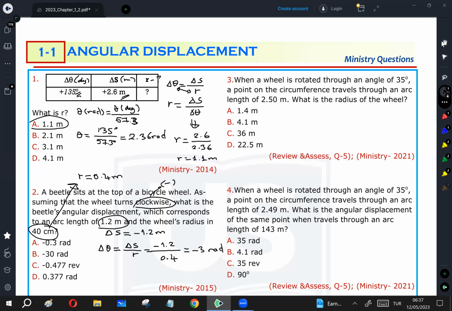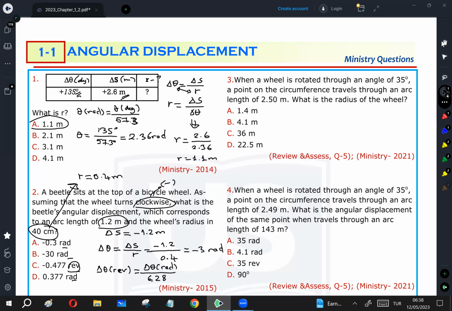But as you see in the choices, there are radians and also revolutions, but in radians we don't have the correct answer. There are negative 0.3, 30, and also 0.377. But there's one in revolutions. Maybe the choice is C. Let's check it. To convert radians to revolutions, every one revolution is 6.28 radians, or 2 pi radians.